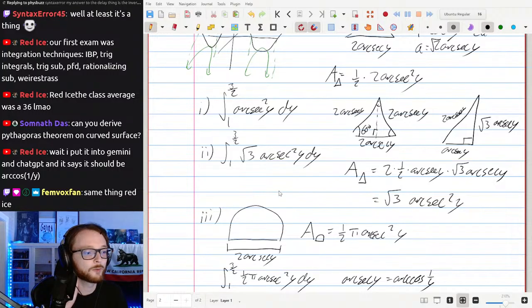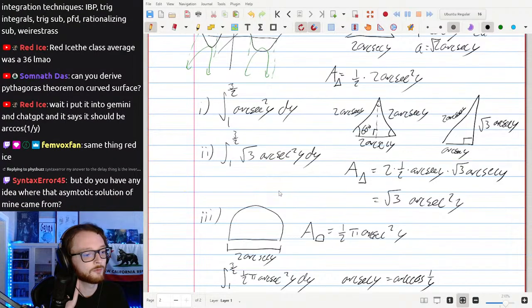And thank you, FizzBuzz, for digging more into the syntax errors question. So yeah, Red Ice, I hope that helps. Let me know if you have any questions.